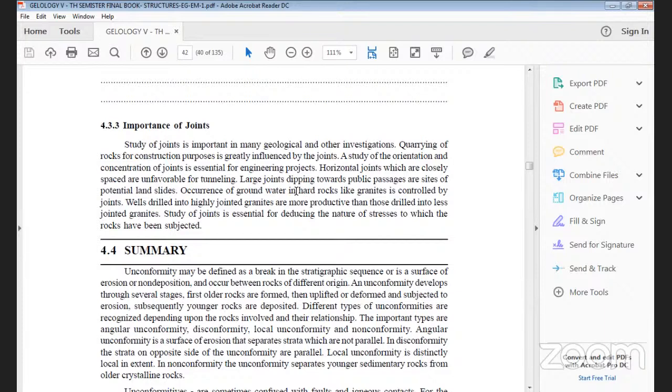Horizontal joints which are closely spaced are unfavorable for tunneling. Large joints dipping towards public passages are potential sites for landslides. The occurrence of groundwater in hard rocks like granite is controlled by the joints. Wells drilled into highly jointed granites are more productive than those drilled into less jointed granites.